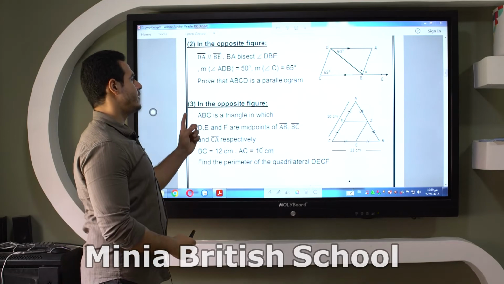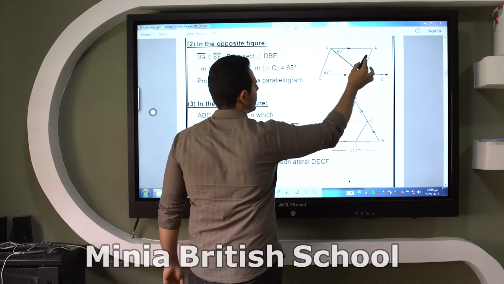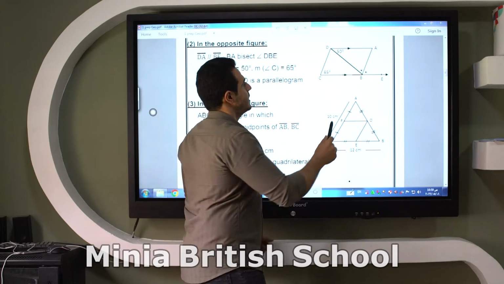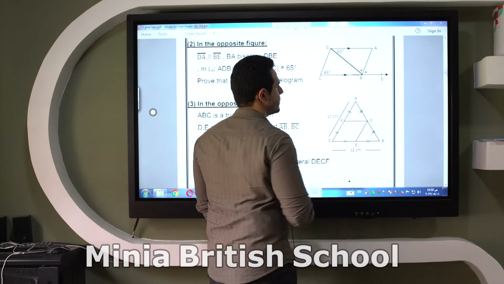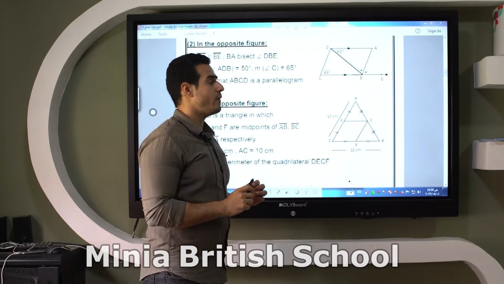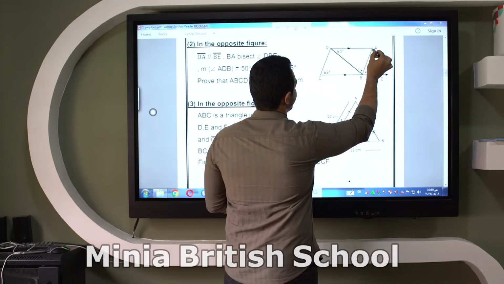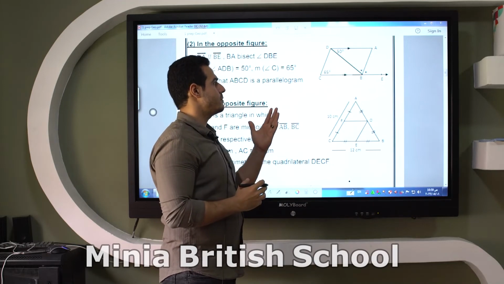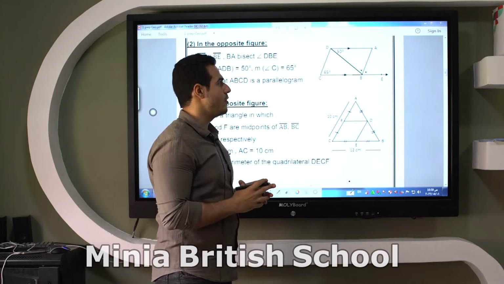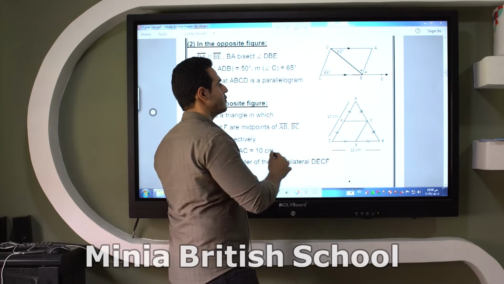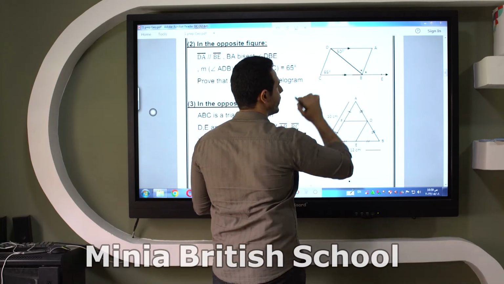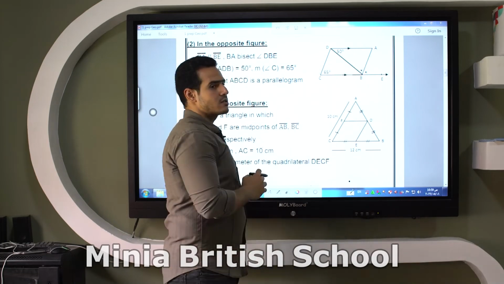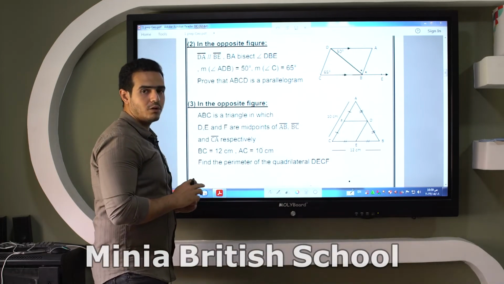Prove that the figure ABCD is a parallelogram. We are given that AD is parallel to BC. If I can prove that AB is parallel to DC, I can prove that this figure is a parallelogram. Or if I can find the measure of angle A equals 65 and the measure of angle B equals the measure of angle D, this is a parallelogram also.